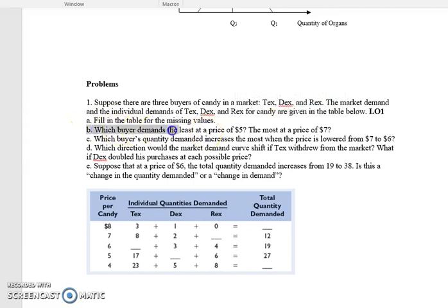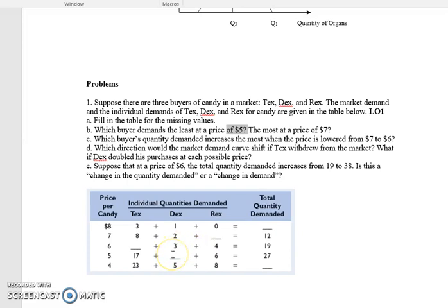Now part B asks which buyer demands the least at a price of $5. When the price is $5, Tex will buy 17 and Rex will buy 6. 17 plus 6 is 23, and 27 minus 23 is 4.